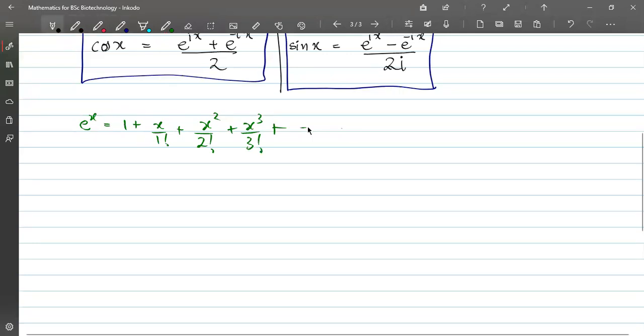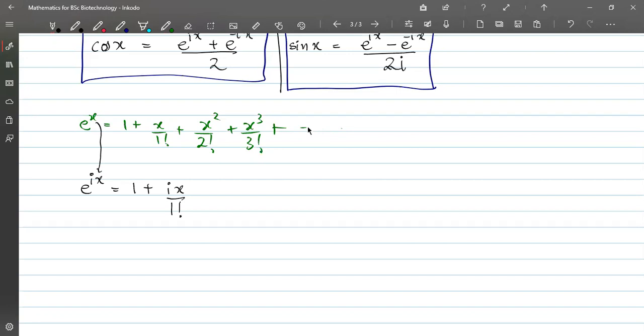So using this, e to the power of ix should be 1 plus ix upon 1 factorial. You just replace x by ix everywhere. That's what is happening. Here x is replaced by ix, right? So just replace x by ix everywhere in this.